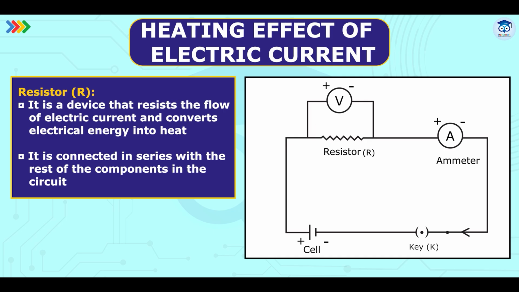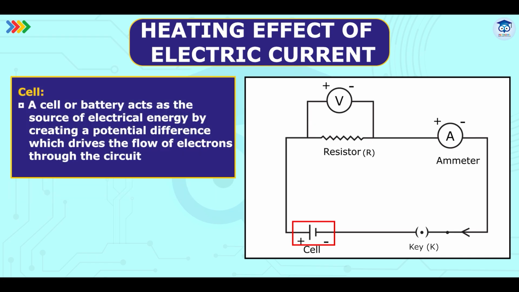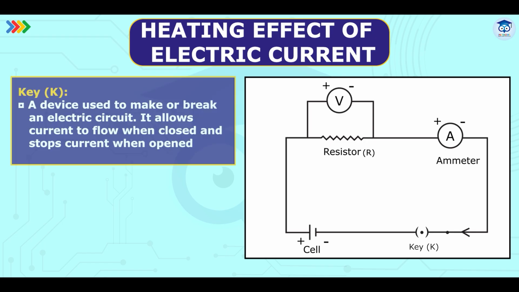This resistor is connected in series with the rest of the components in the circuit. On the left side, a cell or battery acts as the source of electrical energy by creating a potential difference, which drives the flow of electrons through the circuit. Just below the battery is a key, K, which serves as a switch.